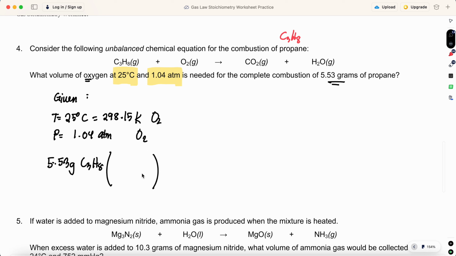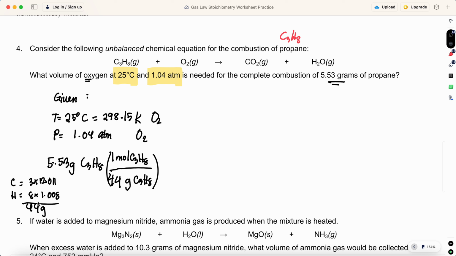So here we know that 1 mole of C3H8 has how many grams of C3H8? 44 grams. You should check this in your periodic table: 3 times 12.011 and 8 times 1.008. You get the sum of this.